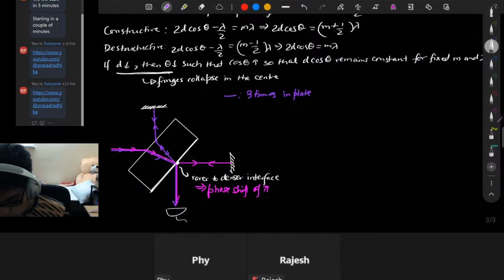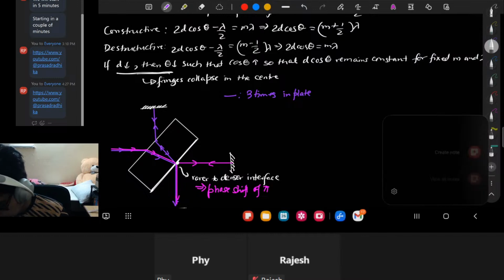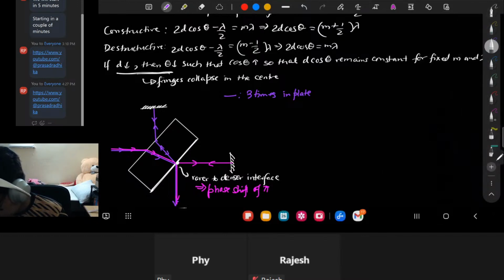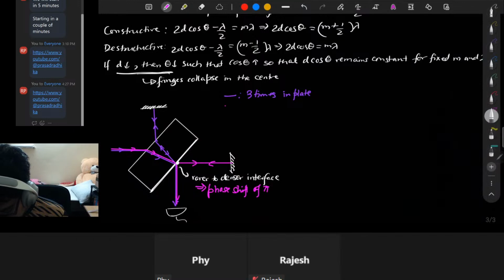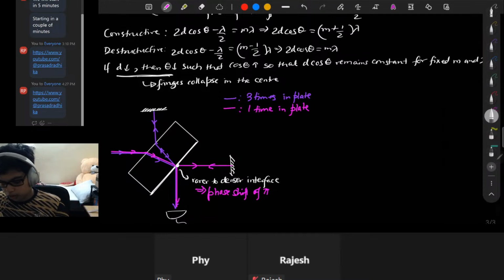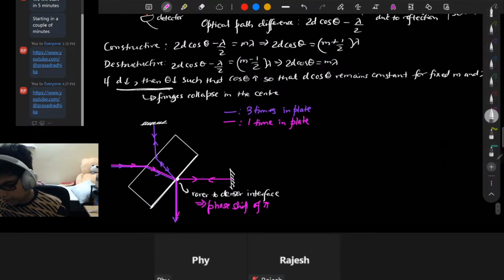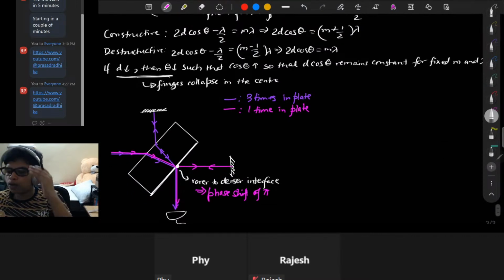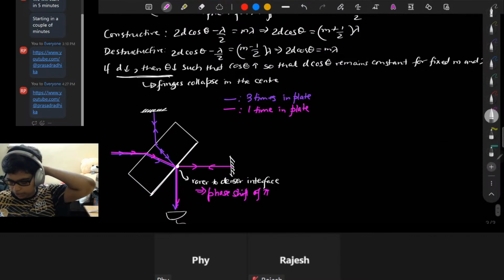You see 3 arrows I have drawn. Whereas the pink ray goes only 1 time in the plate. So you see only 1 arrow I have drawn. It comes, gets transmitted, and then transmitted and comes out. So as a result, there is a difference in the distance traversed in the plate.